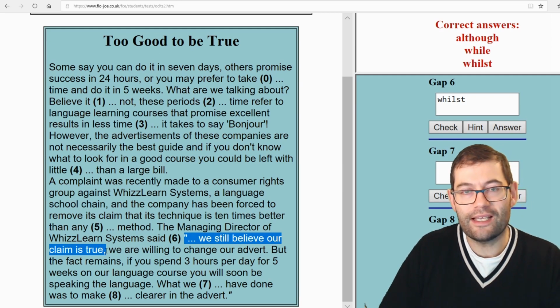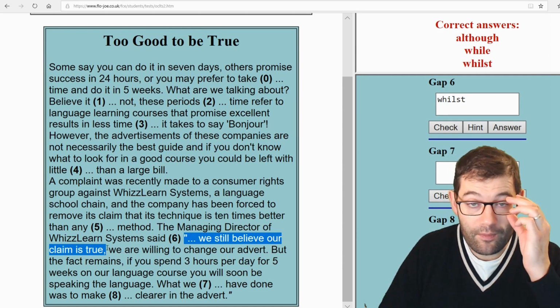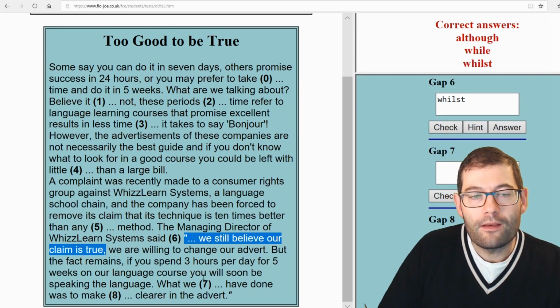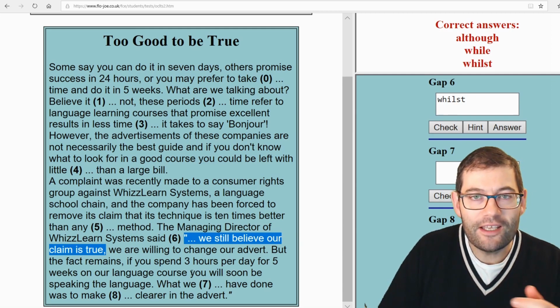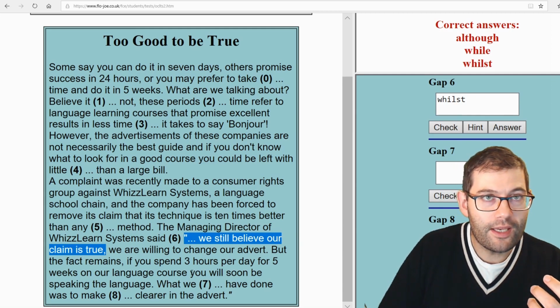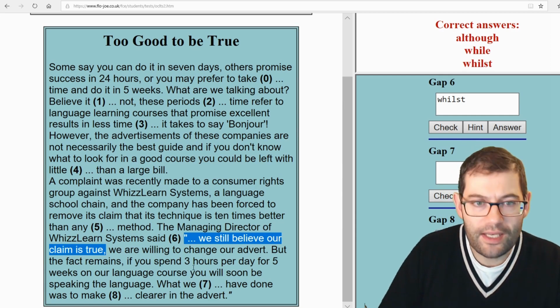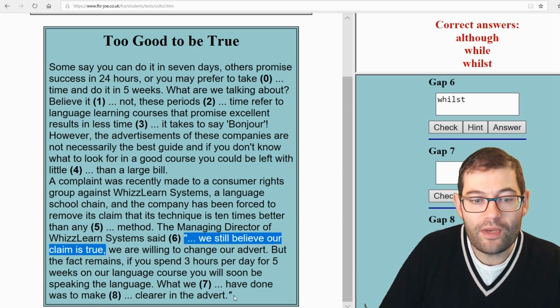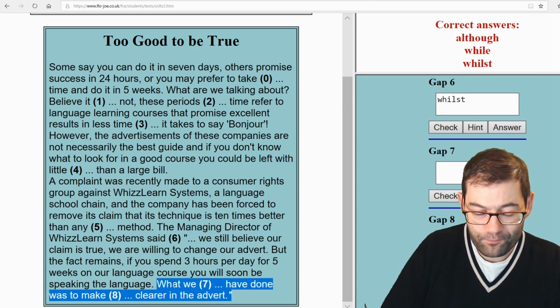So they're not saying that their claim is wrong. What they're saying is their claim is true, but what might have happened, or what could they have done in order to make the advert a little bit better? And that is what we're getting at here with questions 7 and 8.